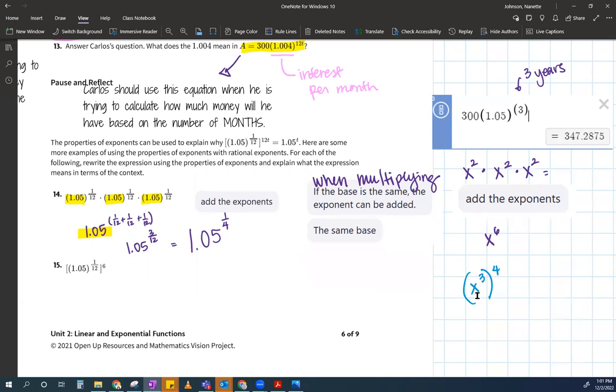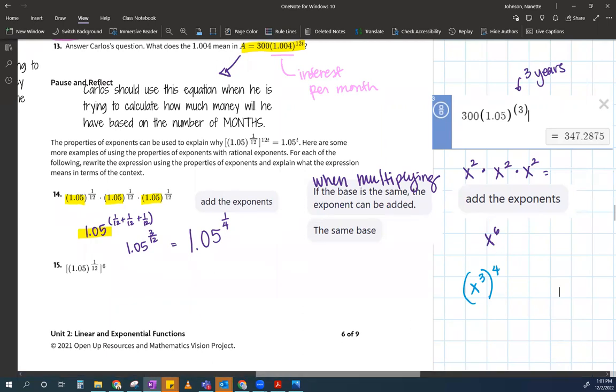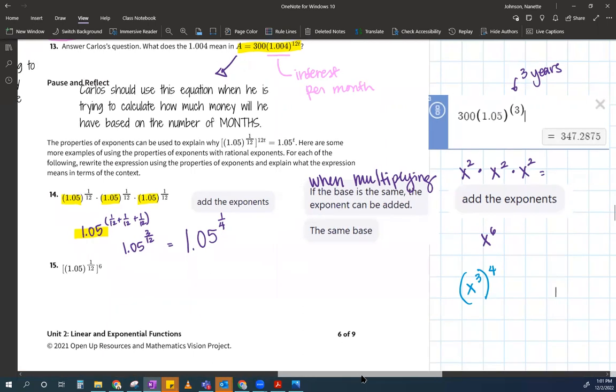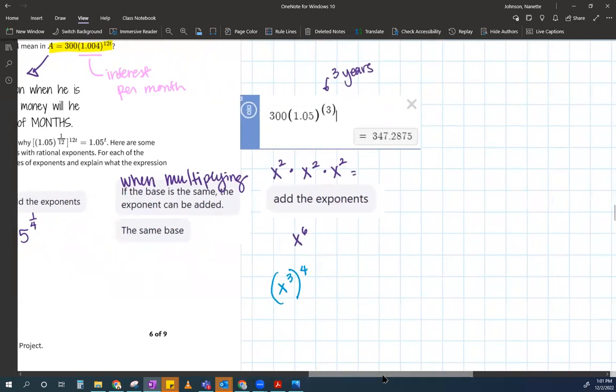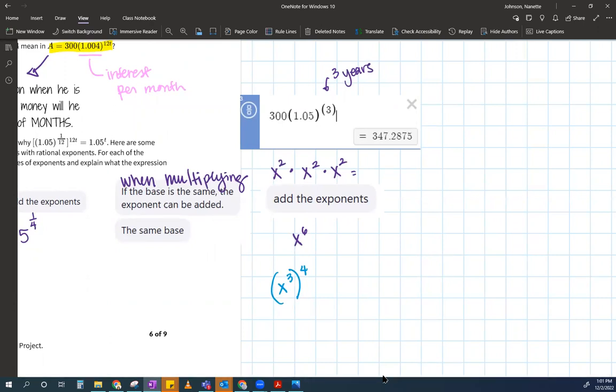Very good. Yes. So in case you don't remember, you just need to go back to your definition of exponent. Let me take a little side explanation on the definition of an exponent in case you ever forgot. X to the fifth just means x times x times x times x times x.